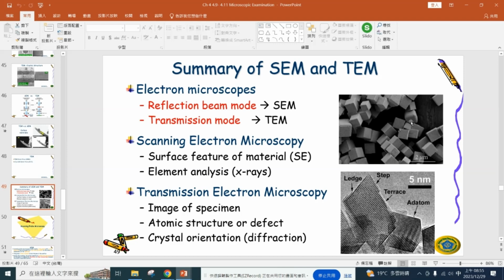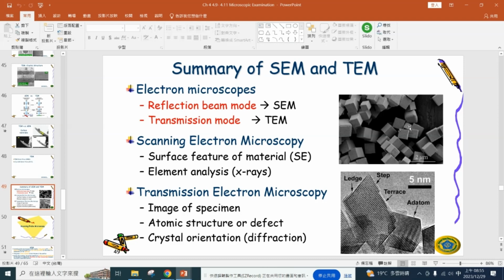As you can see, this is the SEM image, and this scale bar tells you the size of the material. From here to here, it's about 2 micrometers. As you can see, these are cubes. You don't know what they are, but you know they are cubes.